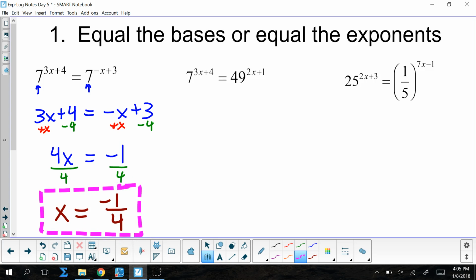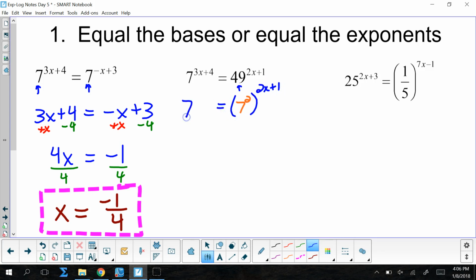Okay? In these next two, I don't have equal bases or equal exponents. So what I need to do then is rewrite it. So 49 is easily rewritten as 7 squared. And then that's going to be to the 2x plus 1 power.